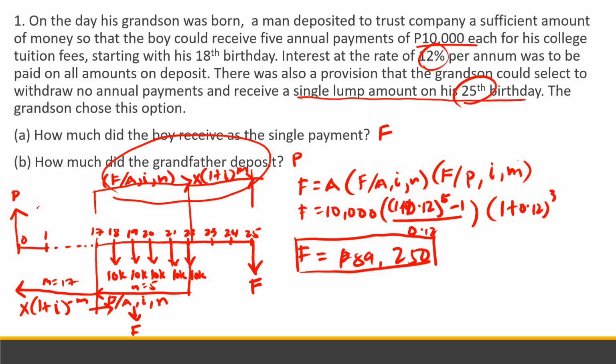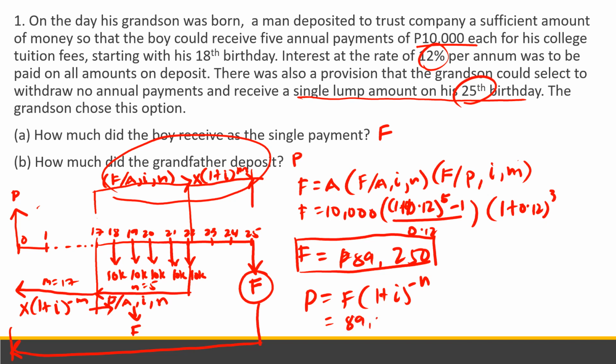So, or, we will simply move the F here for 25 years back to P. So, this is simply the compound interest na formula. So, finding present worth is equal to F multiplied by 1 plus I to the power of negative N. So, future worth is 89,250 multiplied by 1 plus 0.12 for 25 years.